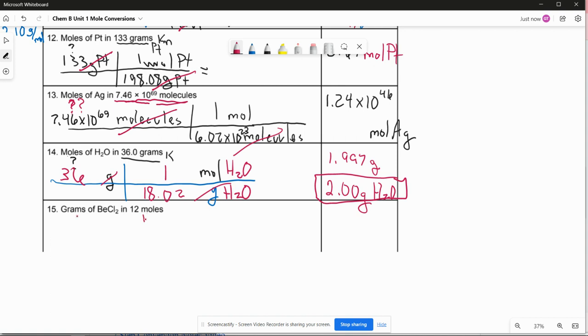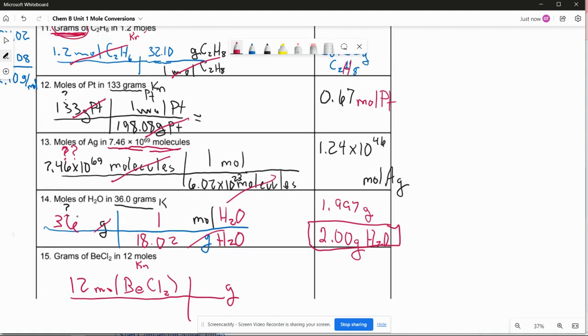So let's move to the last one. Here's what we know, that we have 12 moles of beryllium chloride, BeCl2. We're going to multiply that by a conversion factor so that we come out in grams. Now, how would you recognize that up above?